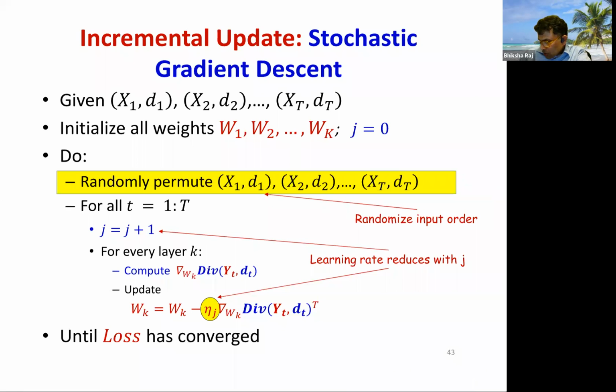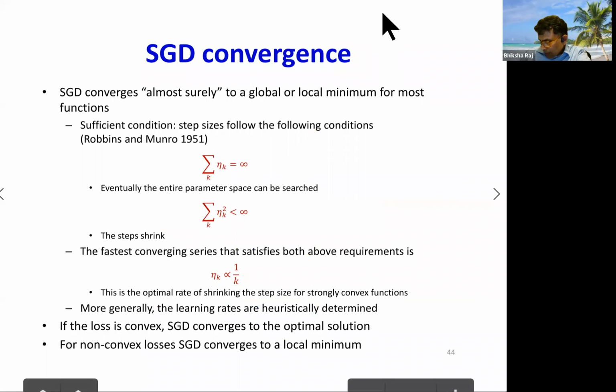But even if it is shrinking, it must satisfy some conditions to ensure that we have the possibility of finding the optimum. First, we have to ensure that no matter how bad your initial estimate is, you can get to the optimum. And so Robbins and Monro came up with these very nice criteria for root finding, actually way back in 1951.